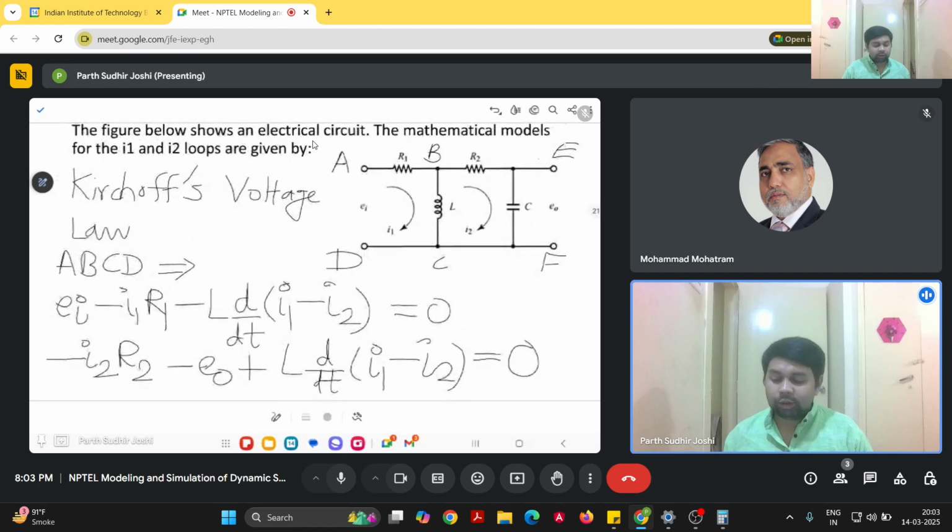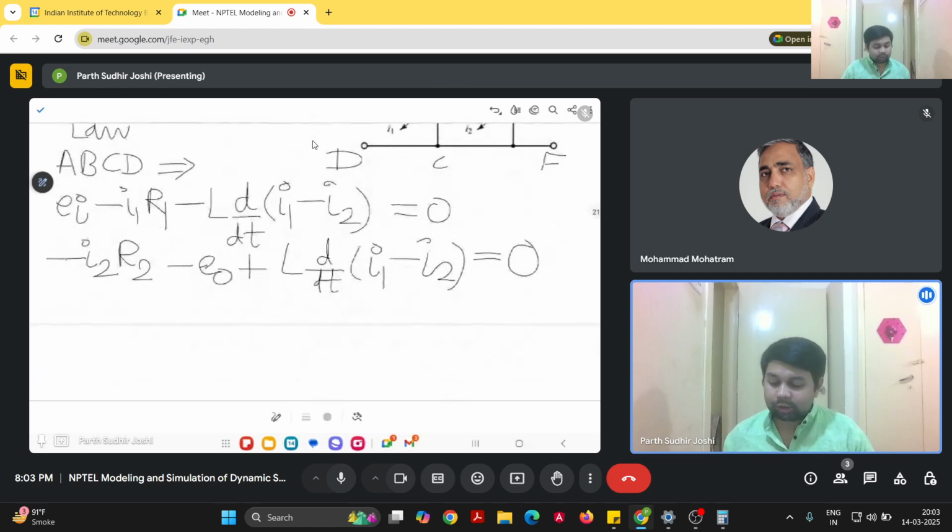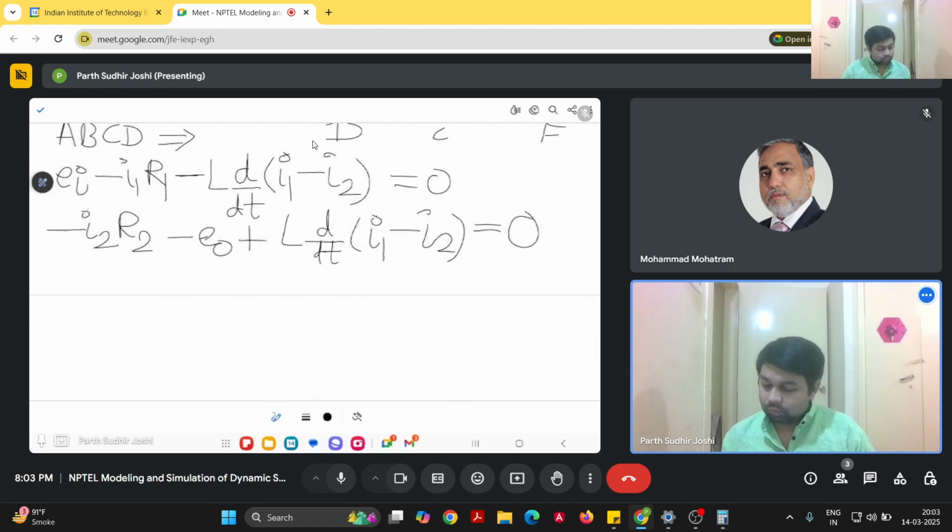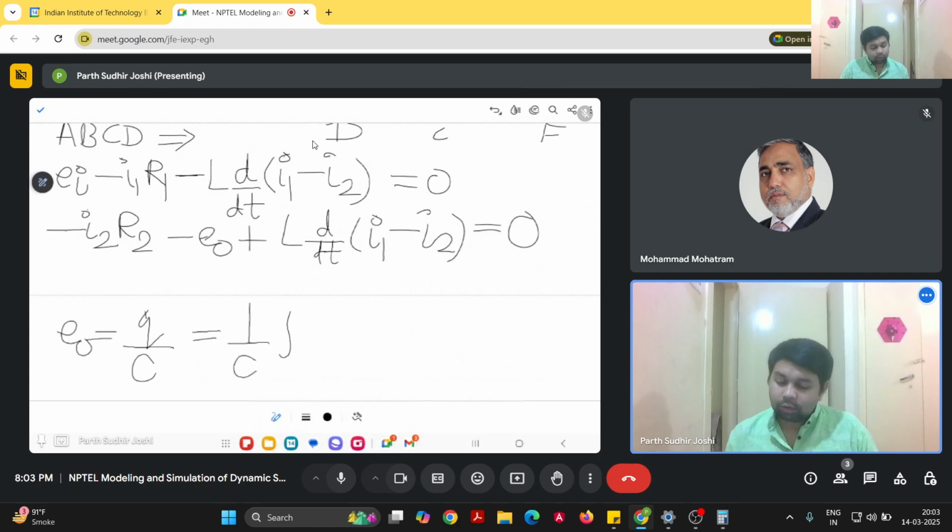Now Eo is the voltage drop across the capacitor. So it's basically the charge stored in the capacitor divided by the capacitance. The charge stored will be the integration of the current that is flowing through the capacitor, which is I2.